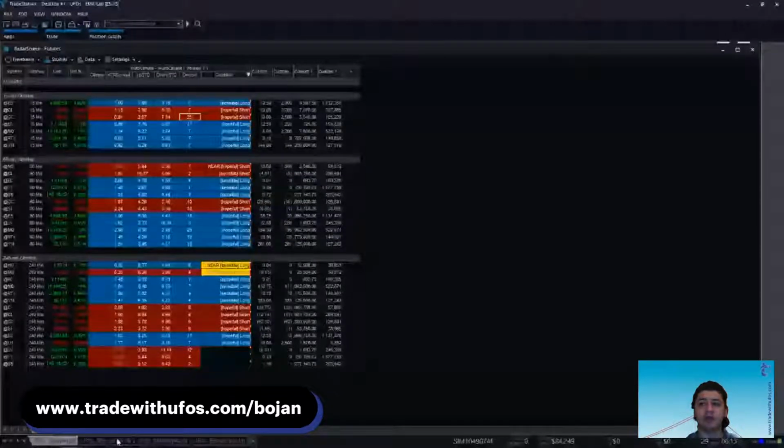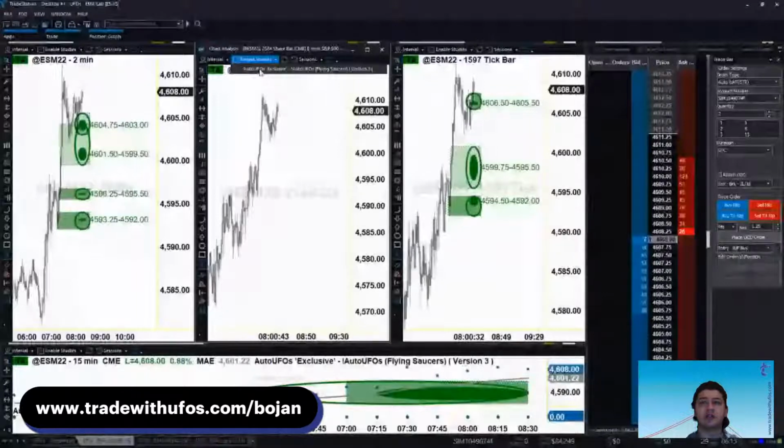4601.27. Current price is at 4608. So if price were to dive down a little bit, do we think that it's going to meet up with this UFO here, for example? Right? I believe that we can. Let me just double check something here. Interesting.